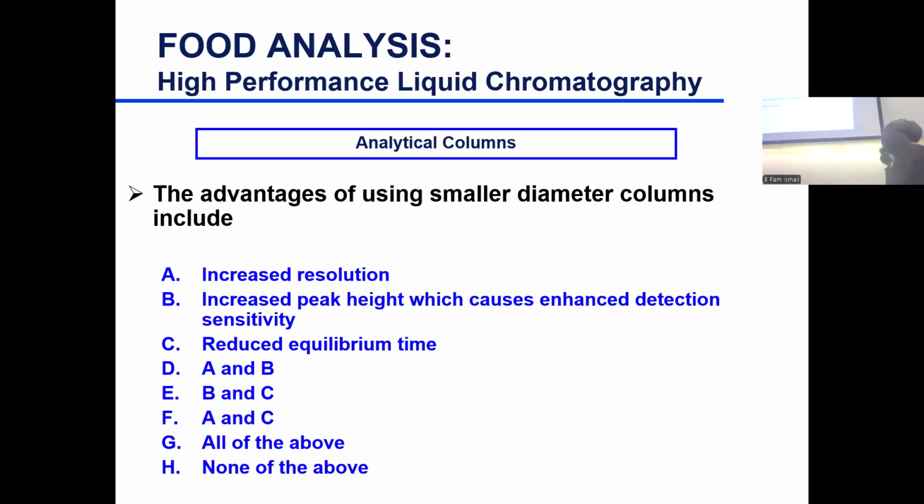Like I said, smaller diameter column means less stationary phase, so you get better resolution because the C factor in your equation, mass transfer, is low. Compounds don't get lost and interact for a long time on the column. There's not a lot of stationary phase. And when you have this very small diameter and less stationary phase, your peak will be higher in height.